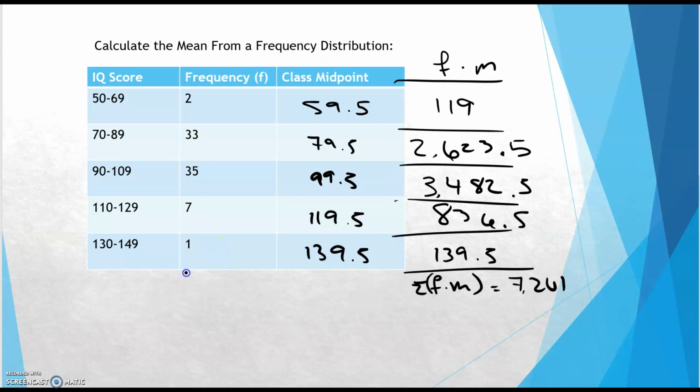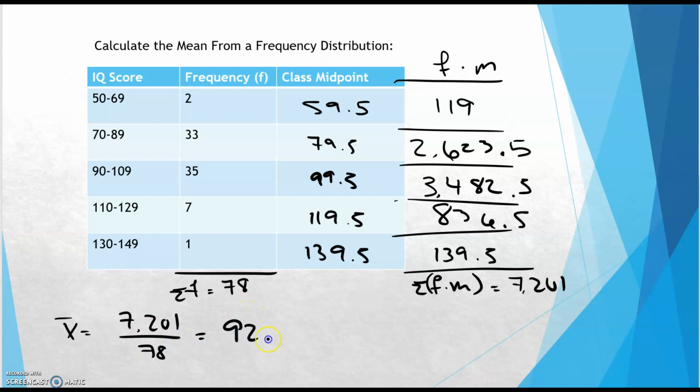I'll come right here to my frequencies, and I'll add all of them up, which you should get 78. Okay, so now our mean will be 7,201 divided by 78, which will give us 92.3. So this would be our expected value for the mean of this distribution table right here. So that'd be your final answer right there.